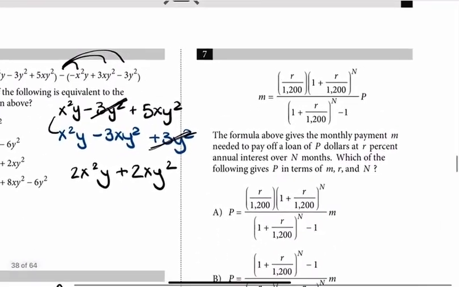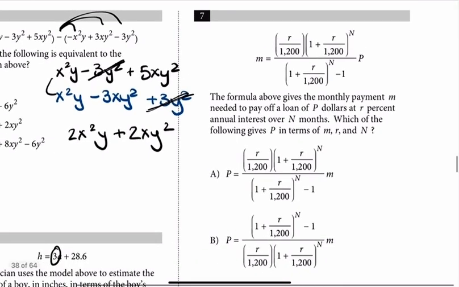All right. So number 7 is probably a very intimidating question, just because you see big numbers, you're kind of worried about how to approach it. This question essentially is what I like to call an isolation question. It's just switching or moving around numbers and variables to get one thing on one side.